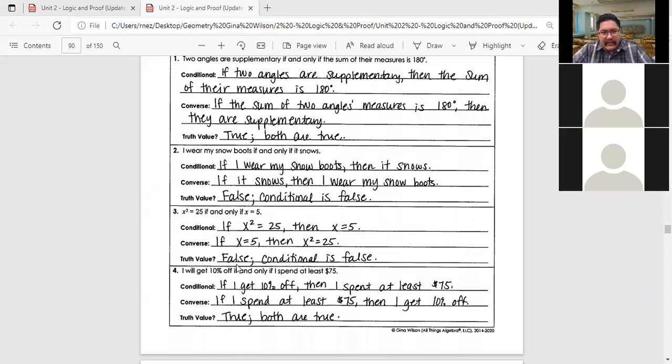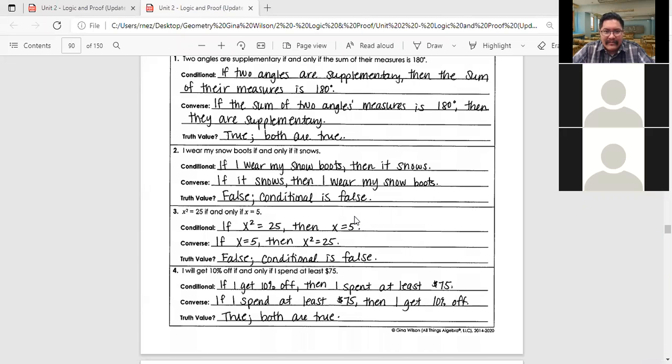But the truth value, and again, this one would seem like it would make sense at first, and I would imagine some people would say it's true. But this one's a tricky one, because the conditional is false. Our conclusion is that x has to be 5. But does x have to be 5?